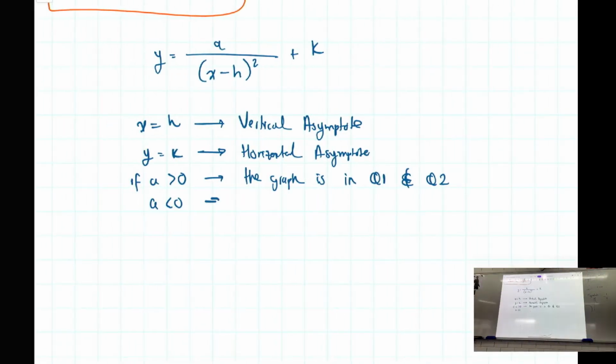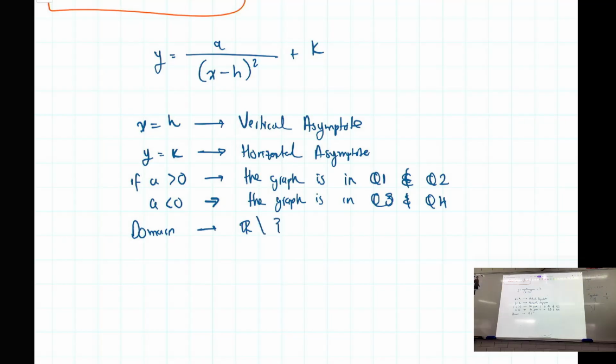When a is less than 0, the graph is in quadrant 3 and quadrant 4. Now, the domain of this will always be the real numbers except that value of h, right? If there is nothing on it, h will be 0. But if there is a horizontal translation in h, that will be your domain.